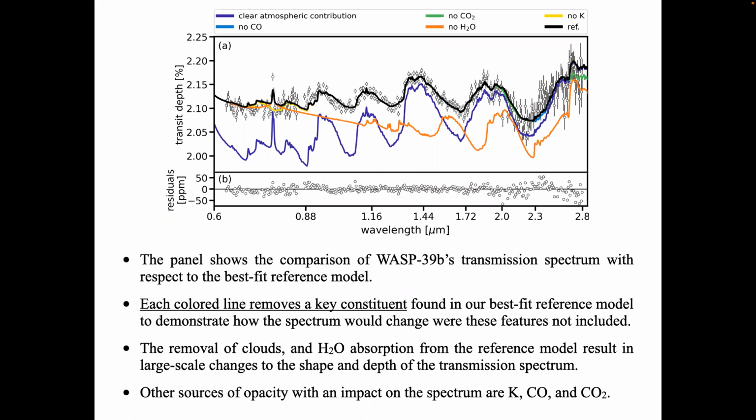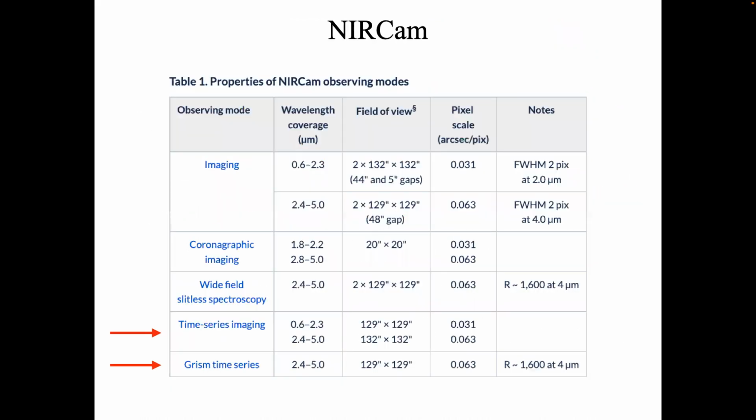You can see that if we remove water and clouds, the spectrum changes in a very strong way. So we are sure that there is the presence of water and clouds in the atmosphere of the planet.